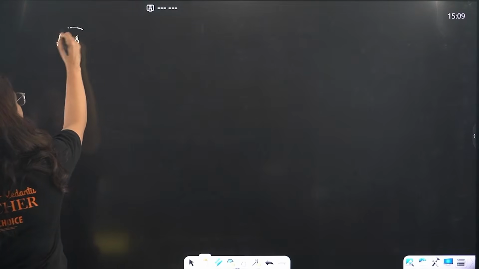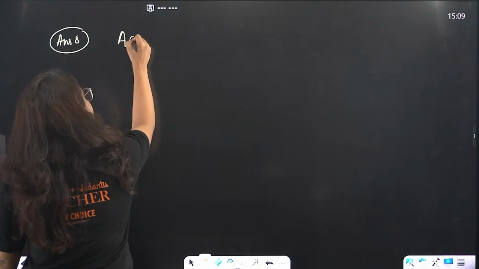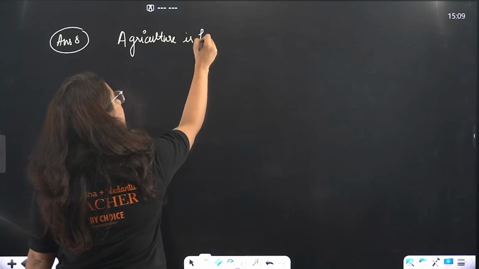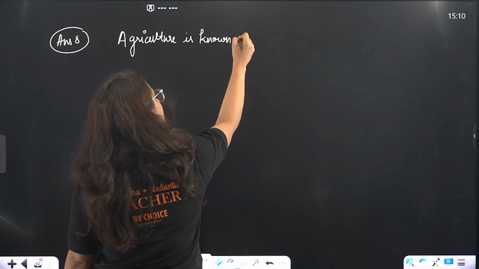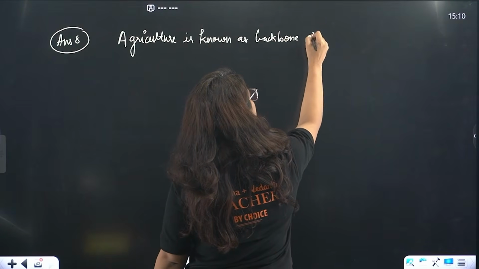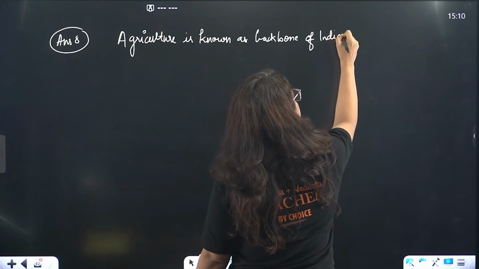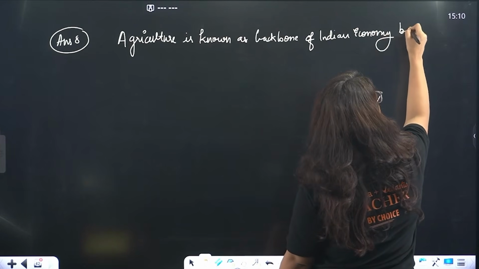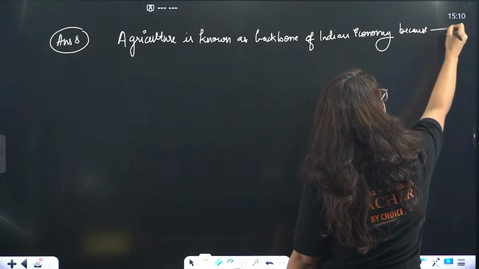Okay. So answer is answer number 8. Okay? Why agriculture is known as backbone of Indian economy. Backbone of Indian economy because, okay, because of what, right?